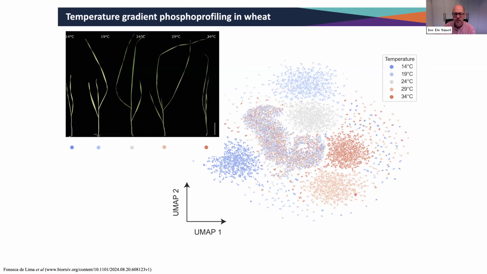So we're reasoning that the growth response that we find along this gradient is also encoded in the kinase and phosphatase activity, and that differential phosphorylation of a number of proteins is driving these responses at these specific temperatures.